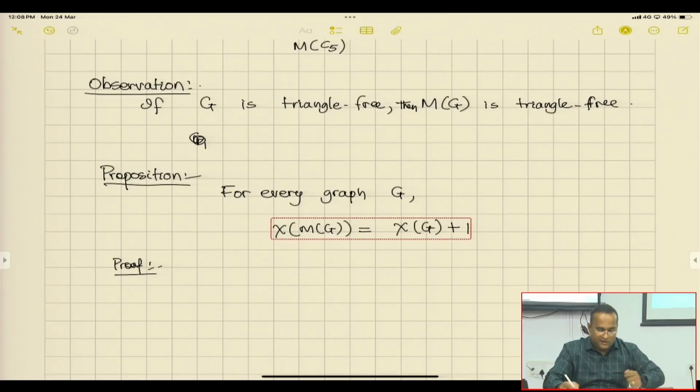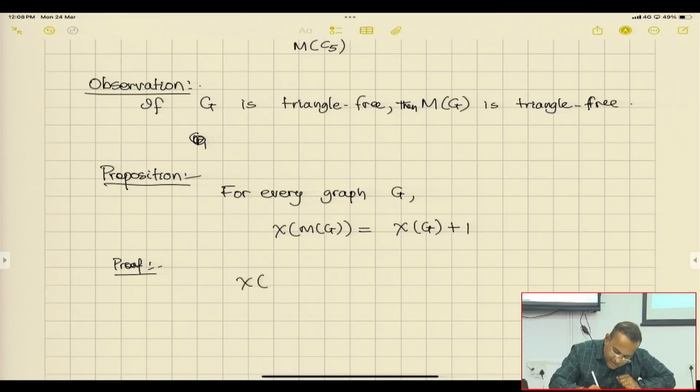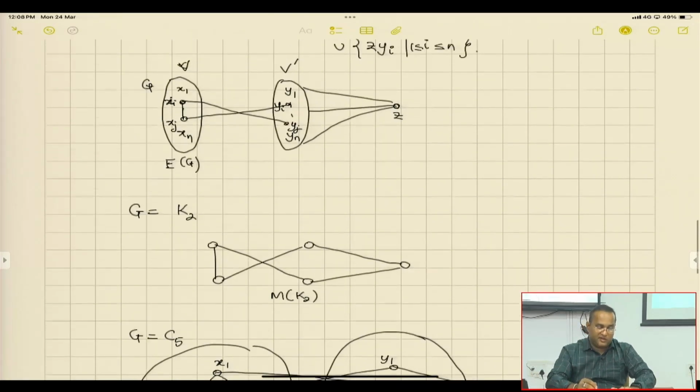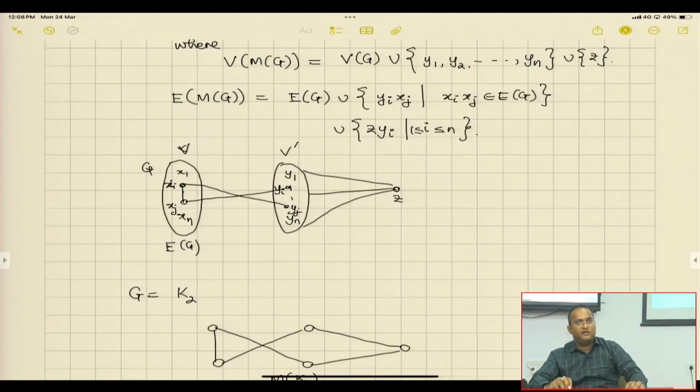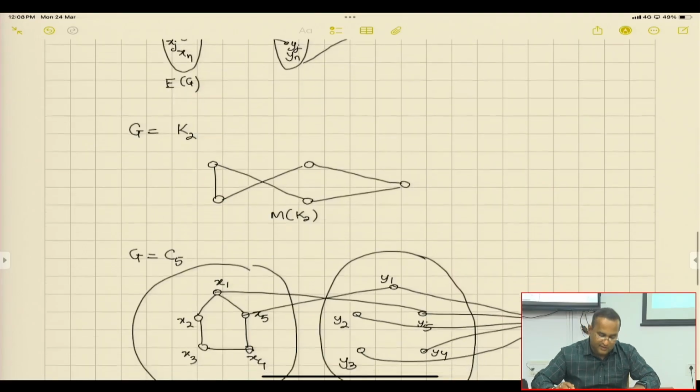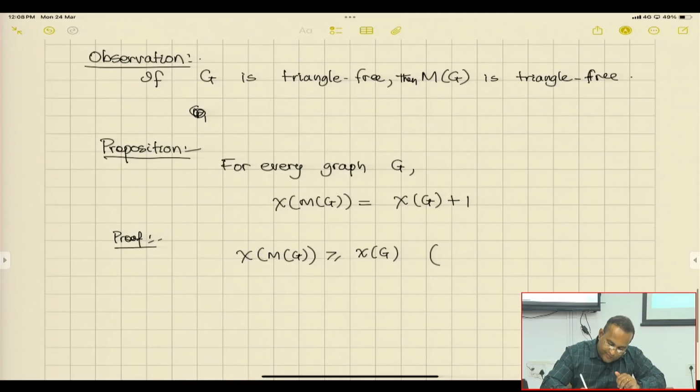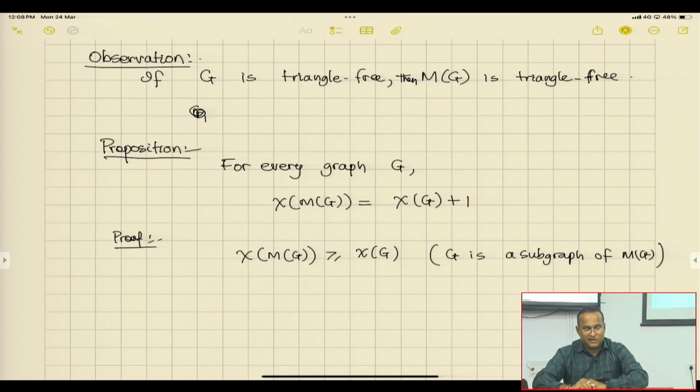First we need to say that chi of M of G is greater than or equal to chi of G. Why? Because G is a subgraph of M of G, that's why we can directly say this thing.